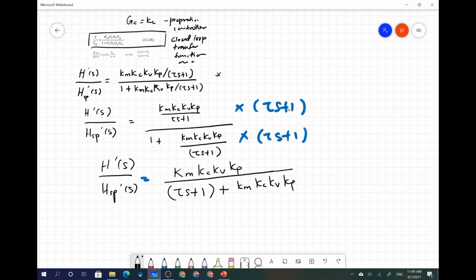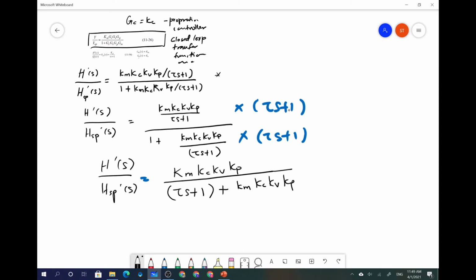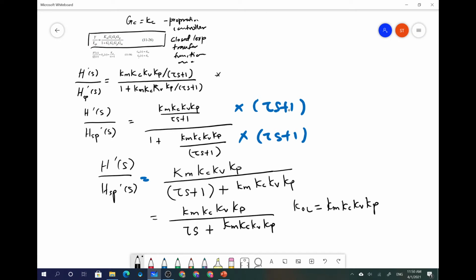When we get this, the next thing is just to rearrange: KC, KV, Kp, tau s plus KM, KC, KV, and Kp. To simplify further, take KOL as KM, KC, KV, and Kp.